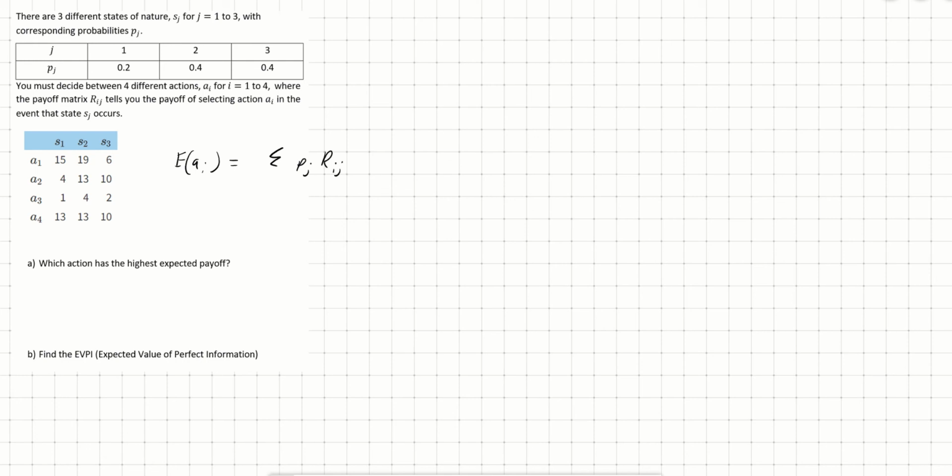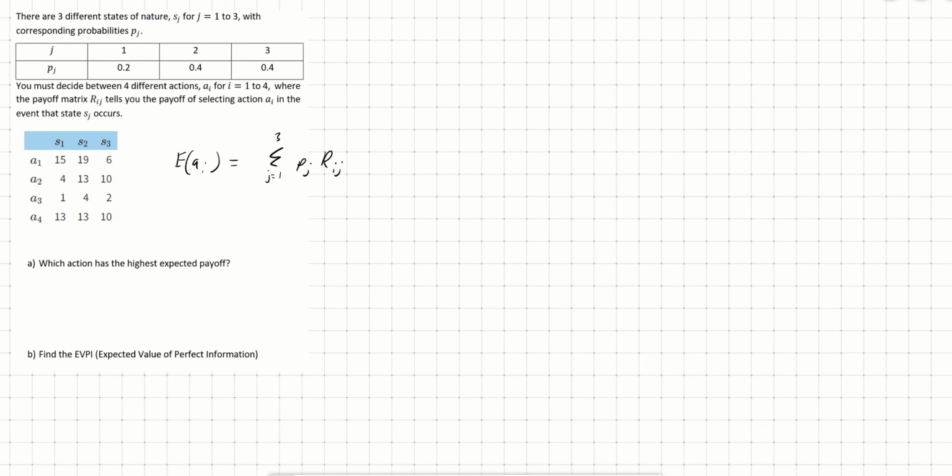And that's for each of the different states, so we're summing it over j. This is the fancy mathematical way of writing this. The expected payoff of action i is the sum from j equals 1 to 3 of the probabilities pj multiplied by the payoff of row i.